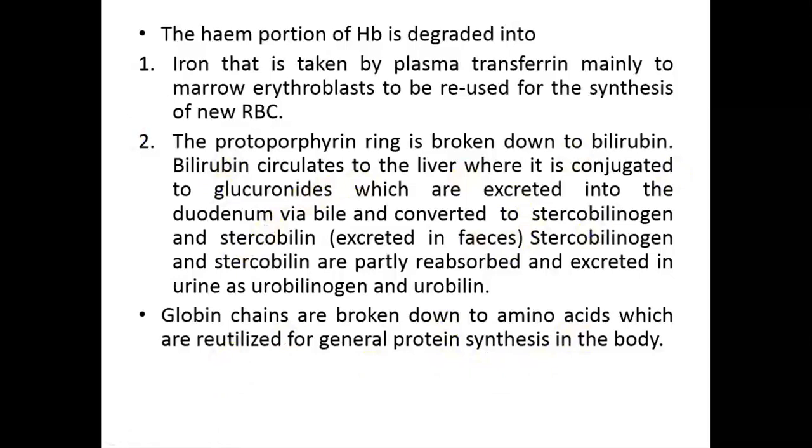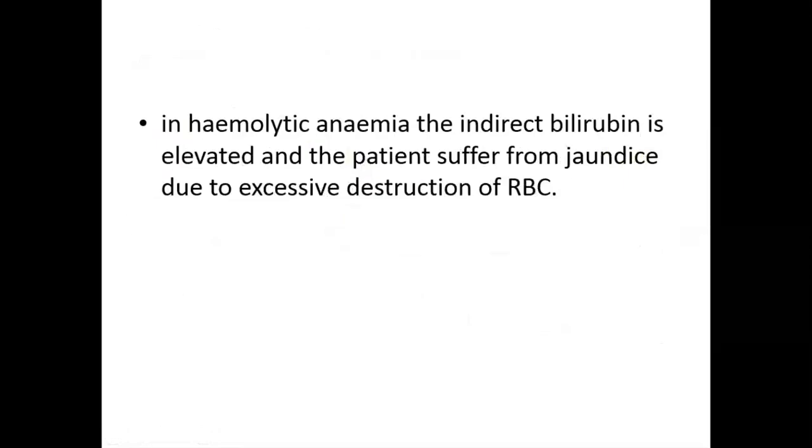Now we can imagine what happens with excessive destruction of the red blood cells, as happens in hemolytic anemia, which we will talk about later in the coming lectures. I expect I will have jaundice, since the increase in indirect bilirubin causes what is called jaundice. So this is the link with hemolytic anemia. I'm going to have excessive breaking down of protoporphyrin and an increase in the amount of bilirubin, indirect bilirubin, and jaundice.